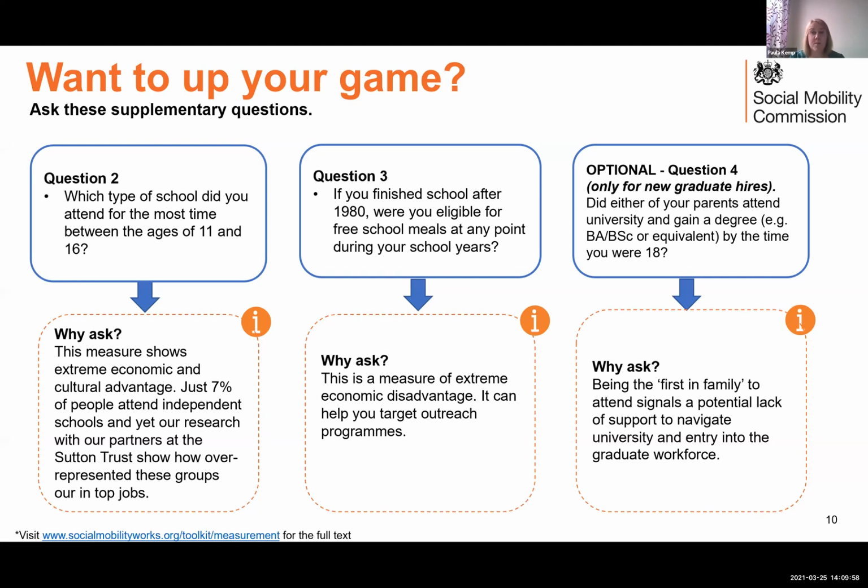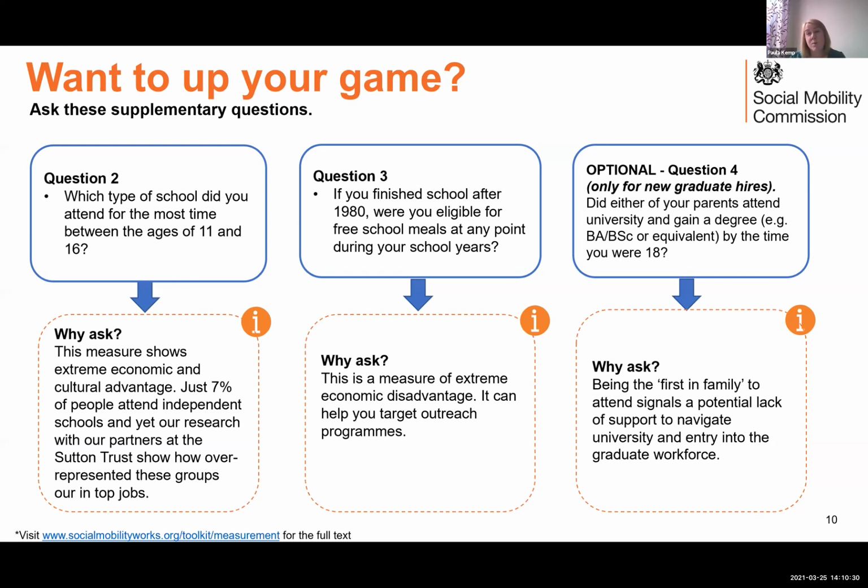If you were to ask type of school, it certainly does help us measure extreme economic advantage, because just 7% of people attend independent schools. But what we found is that makes up much more than 7% of the senior population within employers. And then in terms of free school meals as well, it shows a real disadvantage, an extreme economic disadvantage.